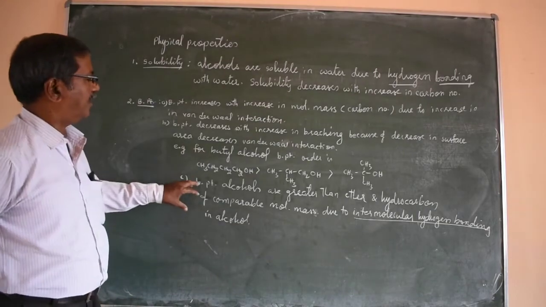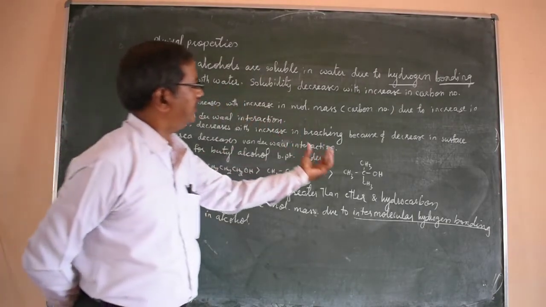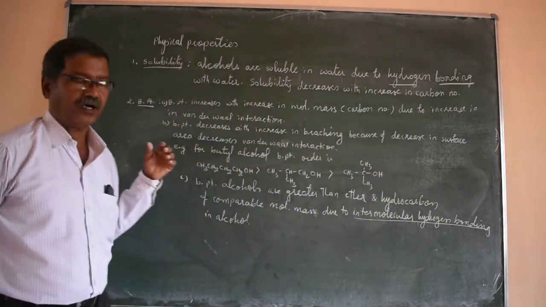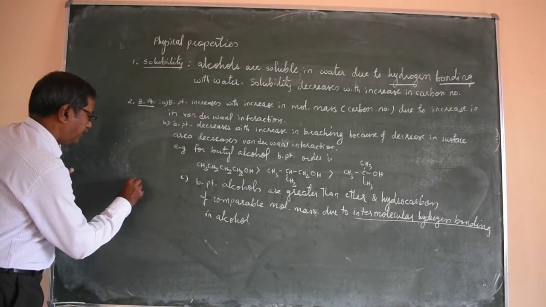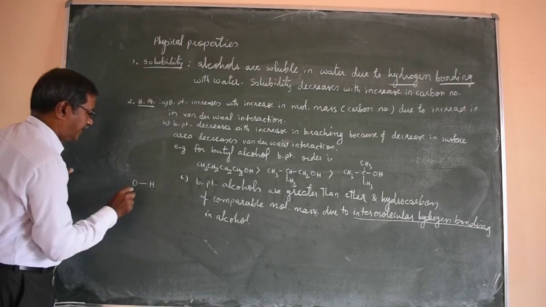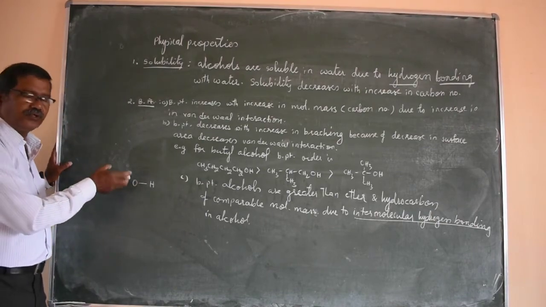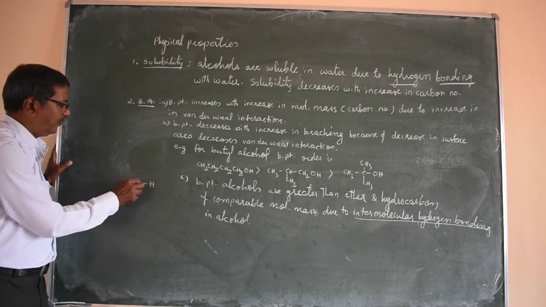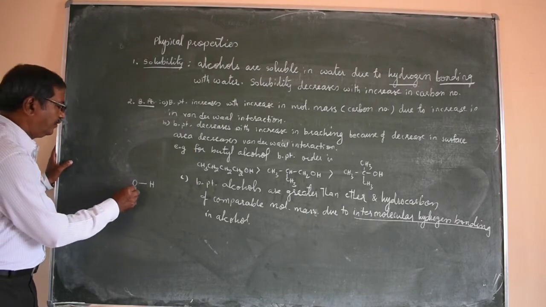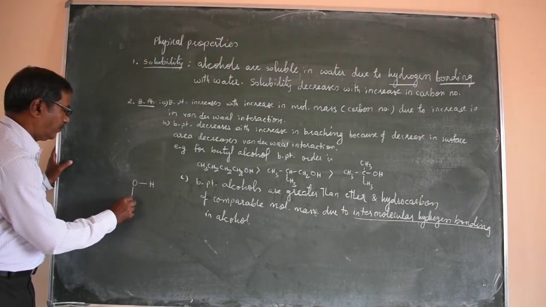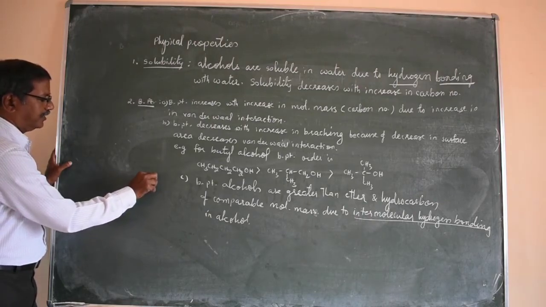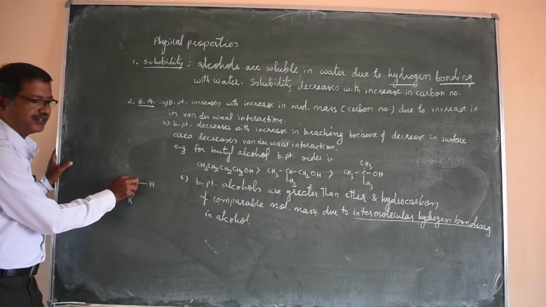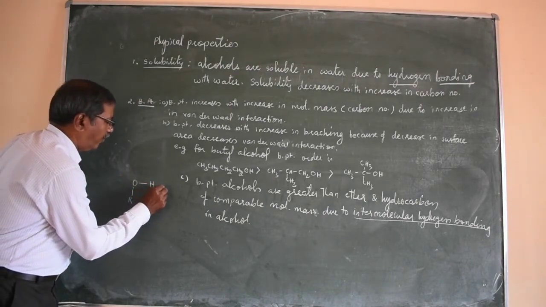There is a lack of intermolecular hydrogen bonding in ethers and hydrocarbons. We know intermolecular hydrogen bonding is possible when the hydrogen atom is attached to a highly electronegative element like fluorine and oxygen. We know the formula for alcohol is ROH. So this OH bond is polar. It carries a partial negative charge on oxygen and a partial positive charge on hydrogen.